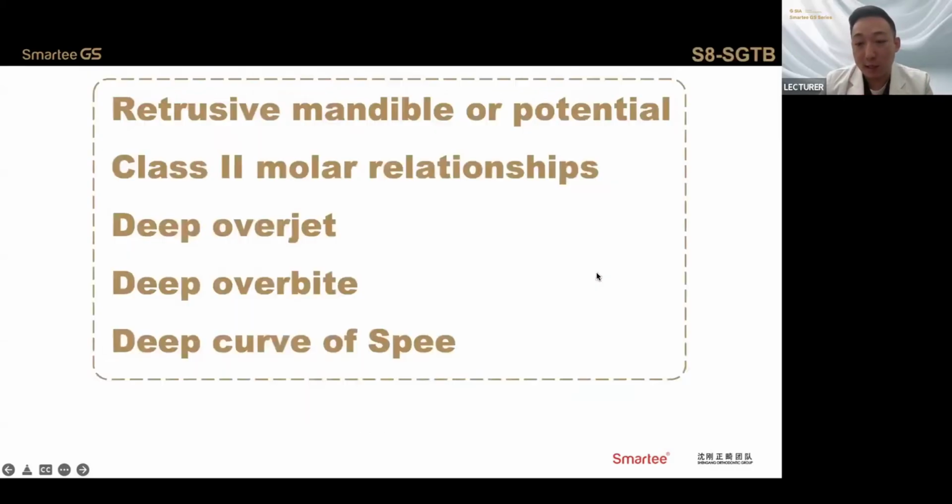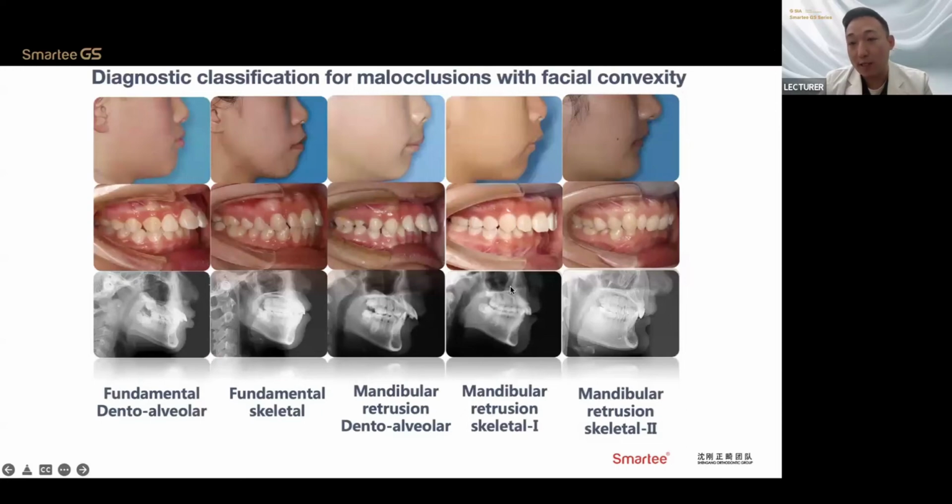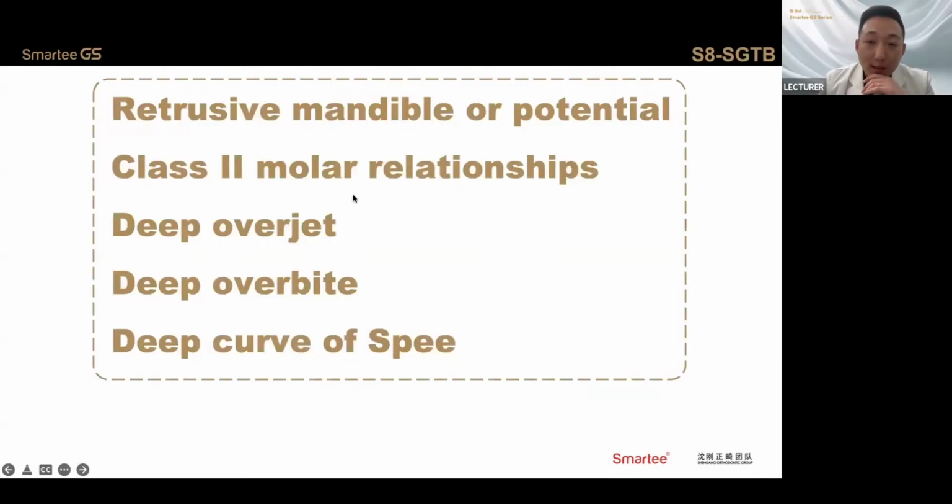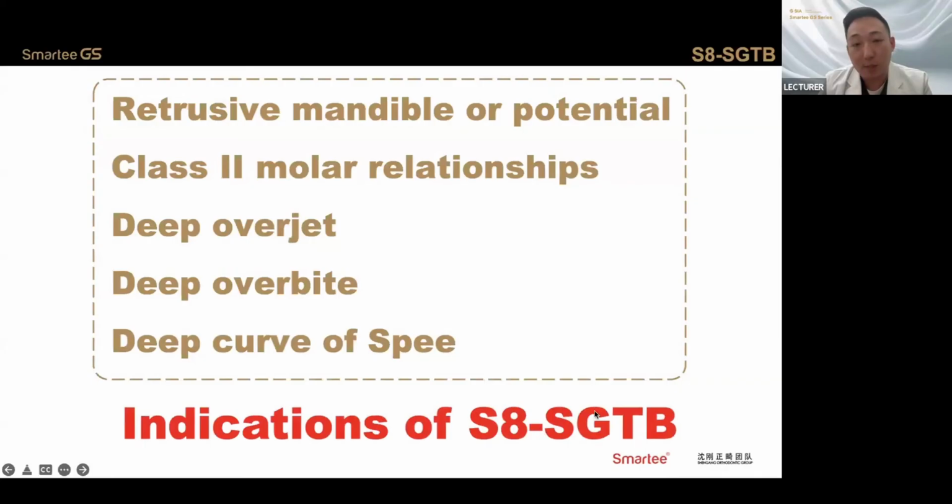The last 3 types are good for S8 SGTB. And these 3 types have something in common. They have a retrusive mandible and Class 2 molar relationships, and a deep overjet, deep overbite, and also a deep curve of Spee. These are also the indications of S8 SGTB.